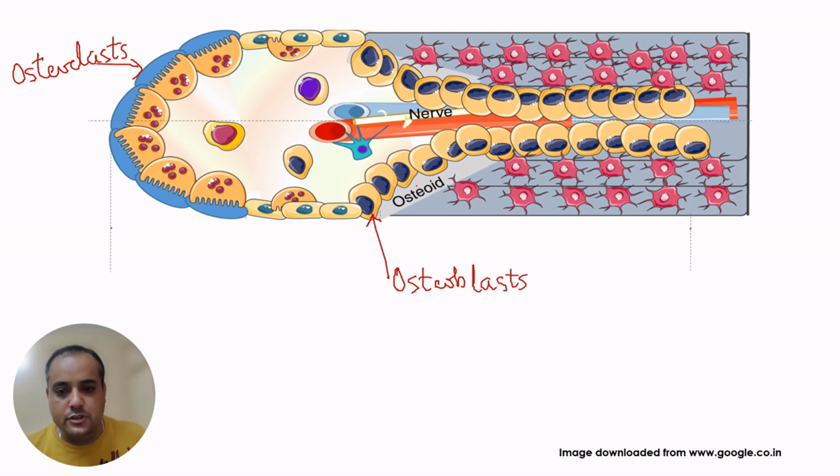These osteoclasts are causing bone resorption, and osteoblasts are causing bone formation. These cells that you have here are the most numerous, so naturally these are the osteocytes.